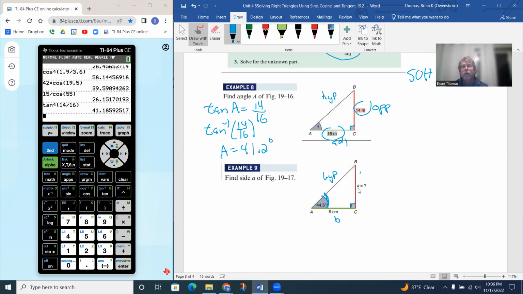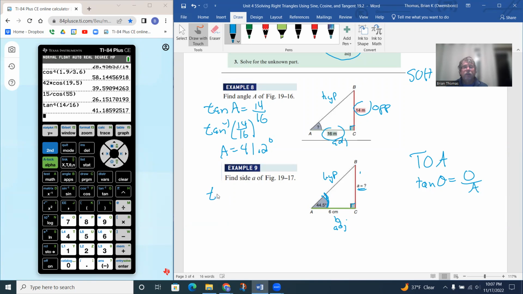So A is going to be opposite, and the 6 is going to be the adjacent. So remember, that's tangent. Remember, TOA. TOA is the tangent of an angle equals the opposite over the adjacent. So that's going to work for us.